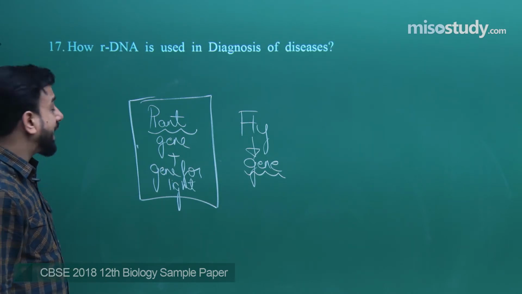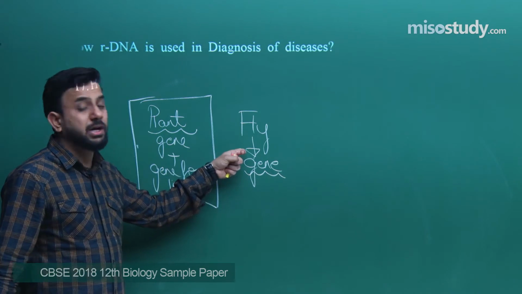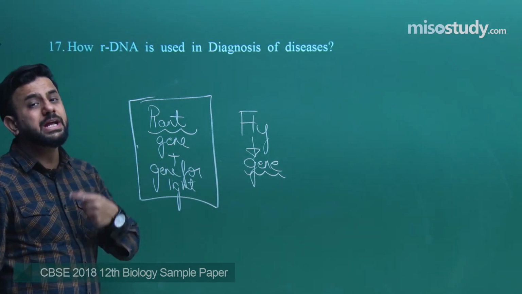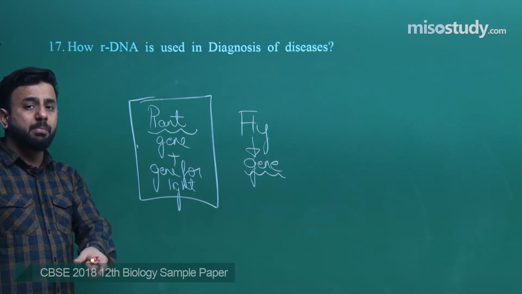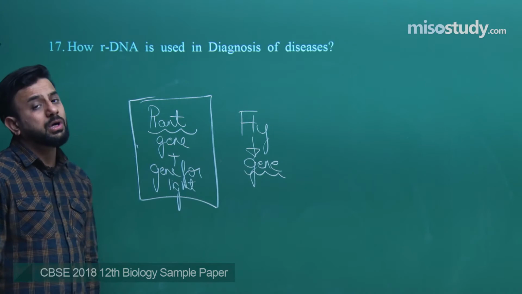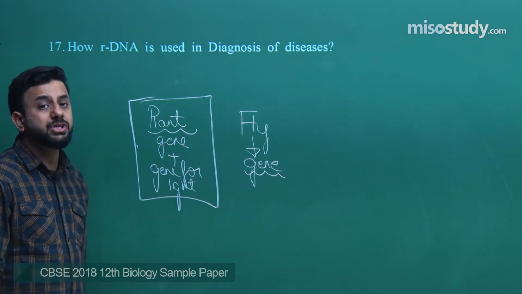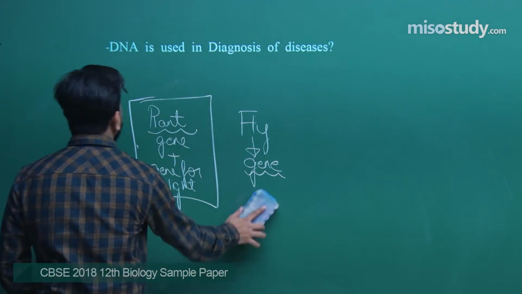The host gene has recombined with this required gene, and hence this is known as the recombinant gene, the recombinant DNA, and that is how the concept of recombinant DNA originated. Got it? Now you're clear what is recombinant DNA?